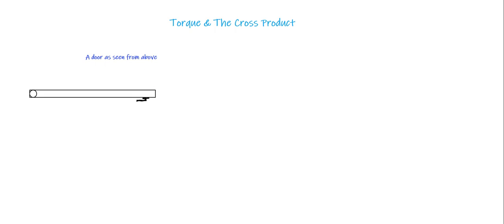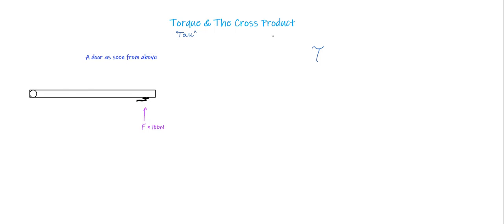Okay, now in the last video we set up the basic concept of what torque was, so I'm going to start there as a very quick review, and then we'll jump back to this door example. We used the Greek letter tau to represent the value for torque, and that value looked something like a fancy T. If I apply a force right here where the door handle is, let's say that force is 100 newtons, just for example's sake.